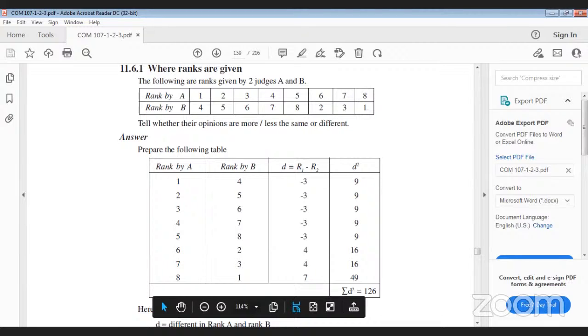Then the ranks by B are 4, 5, 6, 7, 8, 2, 3, and 1.